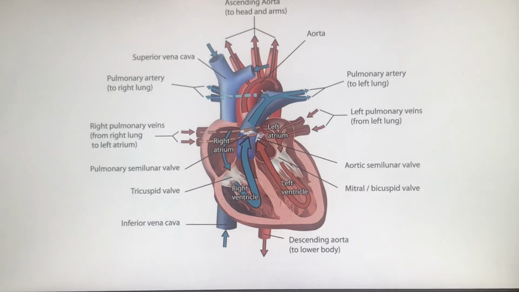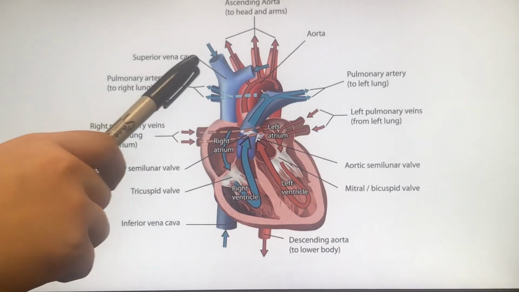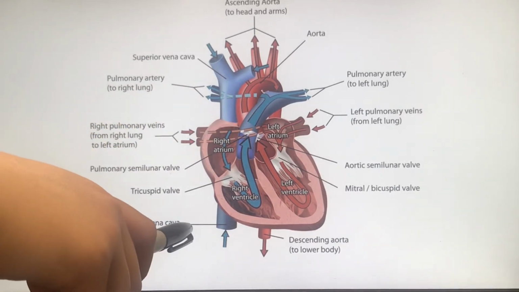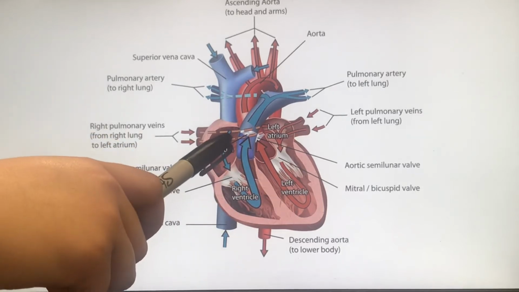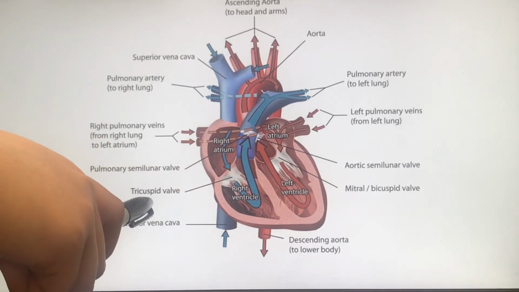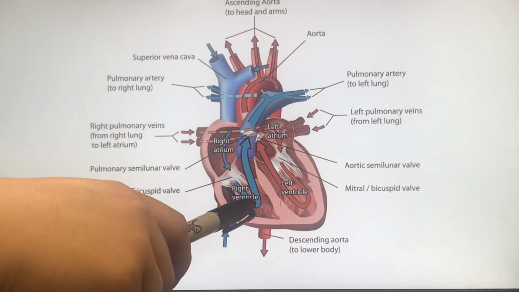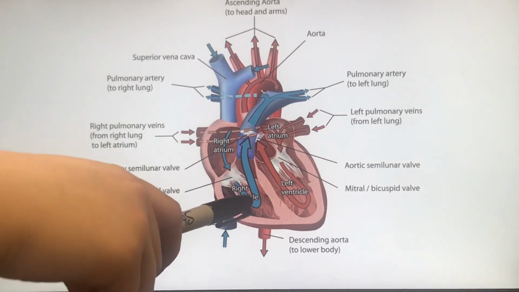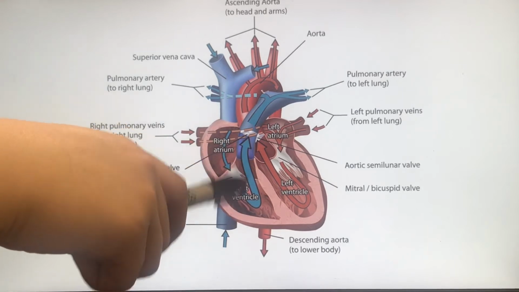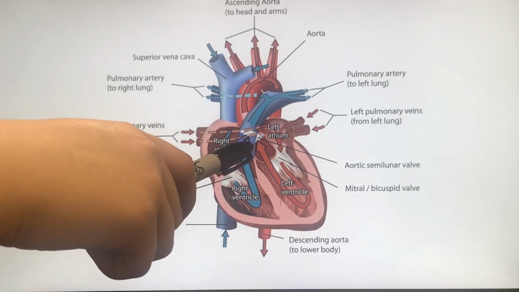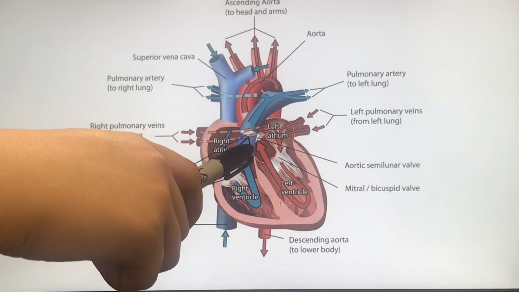Deoxygenated blood enters the right atrium from the superior vena cava and the inferior vena cava. Through the right atrium, blood enters the tricuspid valve into the right ventricle, where contractions are made in the right ventricle to force the pulmonary semi-lunar valve to open.